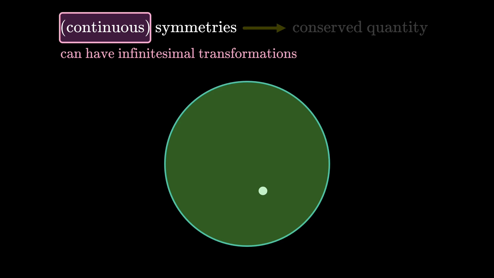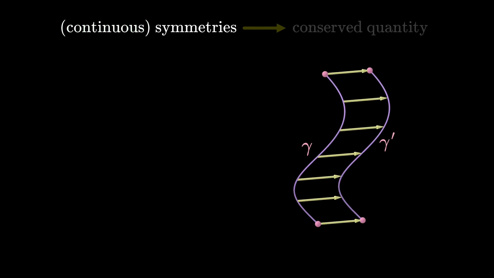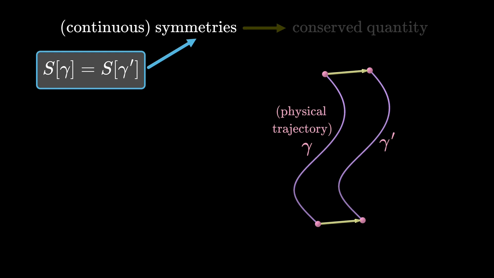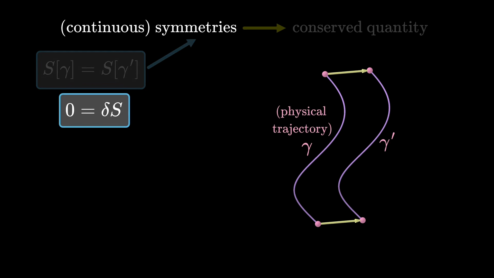So, let's say we have an infinitesimal transformation that brings gamma to gamma prime, and the action hasn't changed, so it is a symmetry. If the original path gamma was a physical trajectory, then the action principle tells us that delta S equals 0.